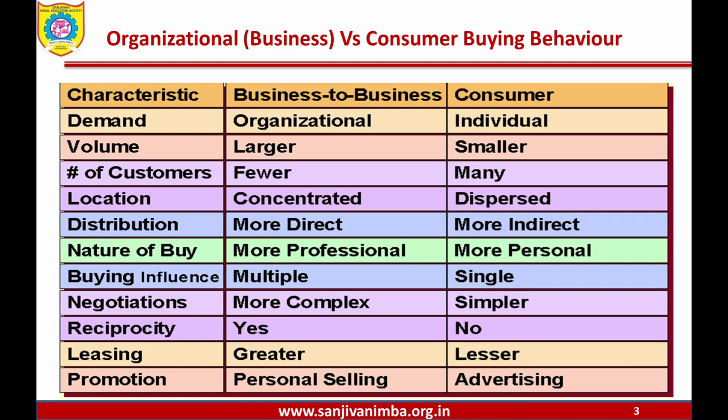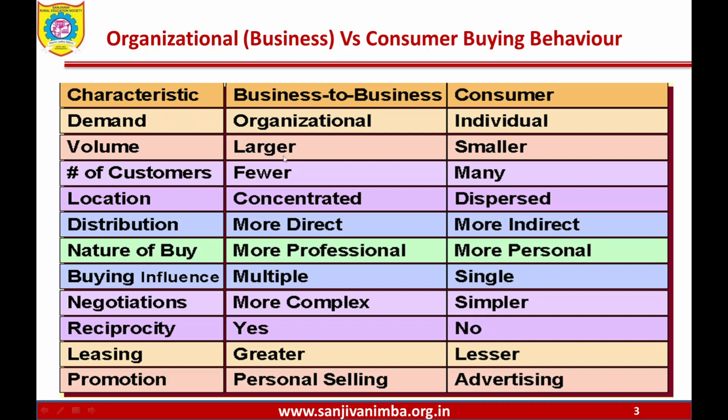In a nutshell, if we compare organizational and individual buying behavior, that is B2B and consumer: the demand in business to business is organizational in nature, while for consumers it is individual in nature.